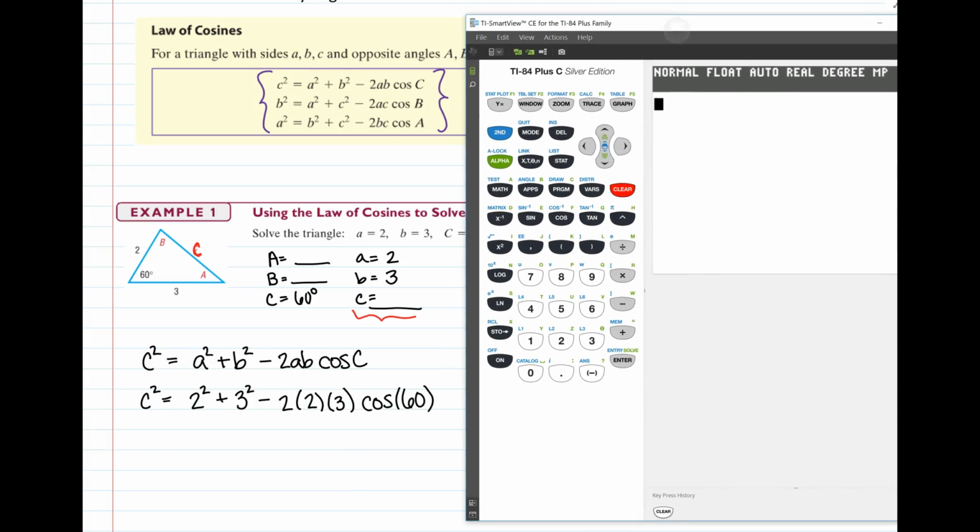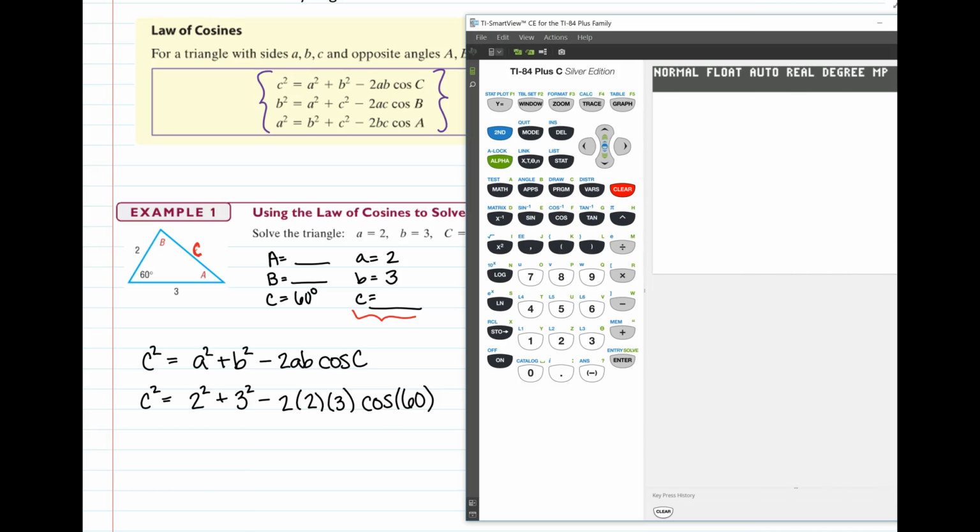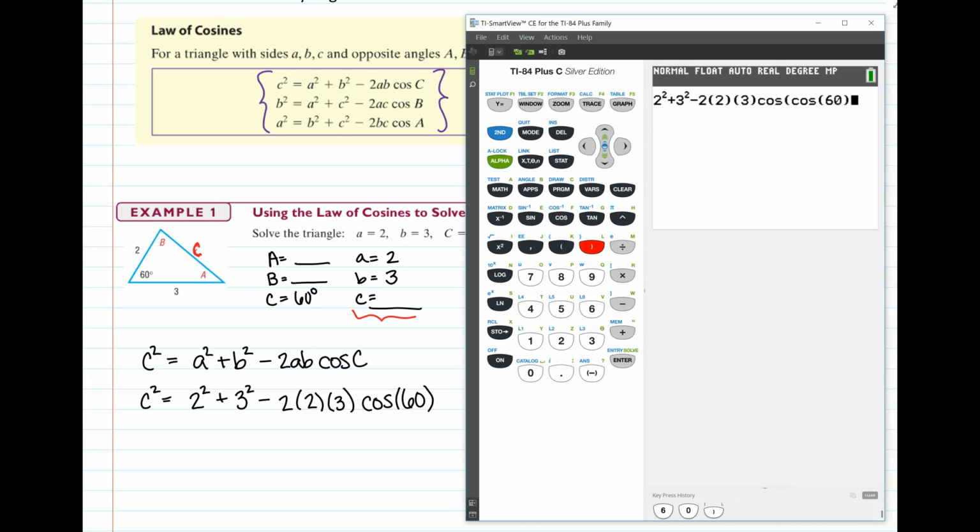So in my calculator over here, I am going to type in 2 squared plus 3 squared minus 2 times 3 cosine of 60 degrees. Okay? Let me move this so you can see the whole screen. Okay?